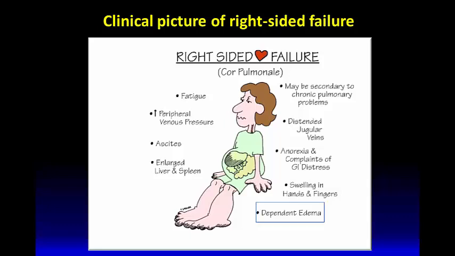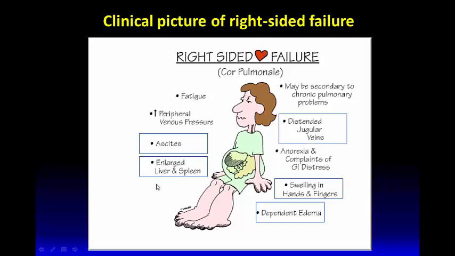Important signs include dependent pitting edema, swelling in the hands and fingers, ascites, accumulation and retention of fluid in the abdominal cavity, hepatomegaly and splenomegaly, enlarged liver and spleen, and distended jugular veins.